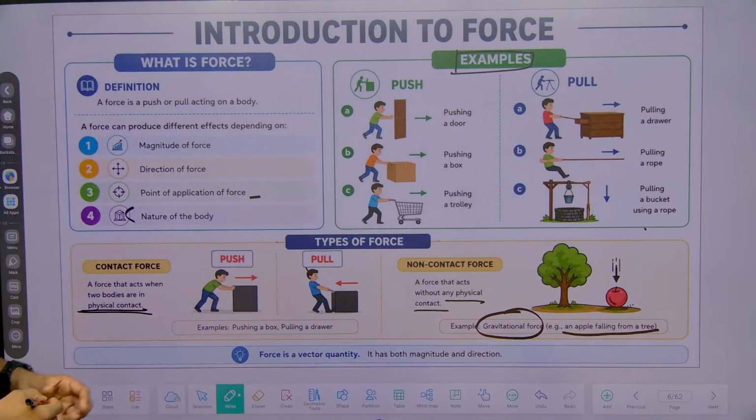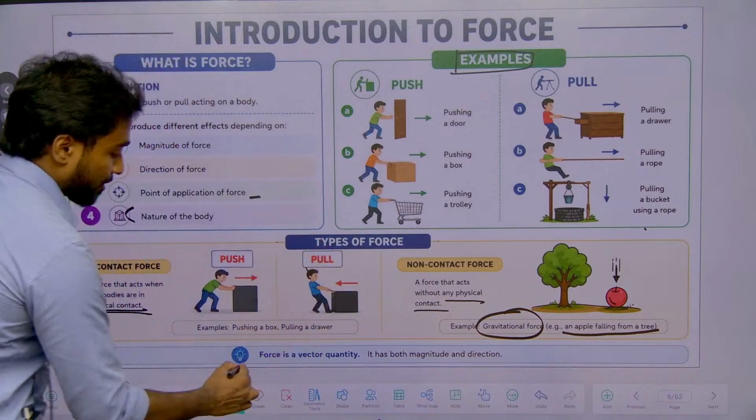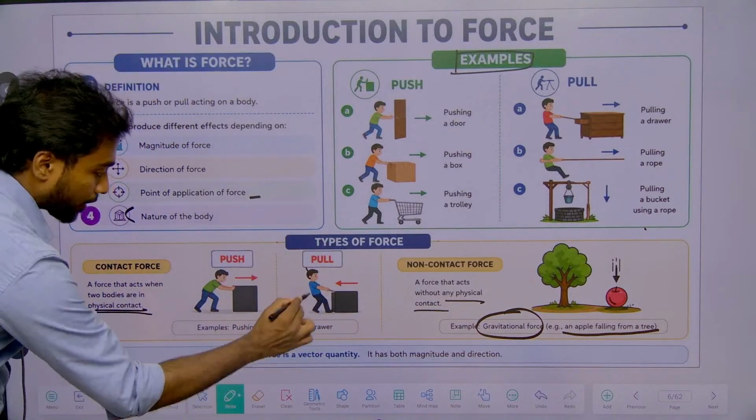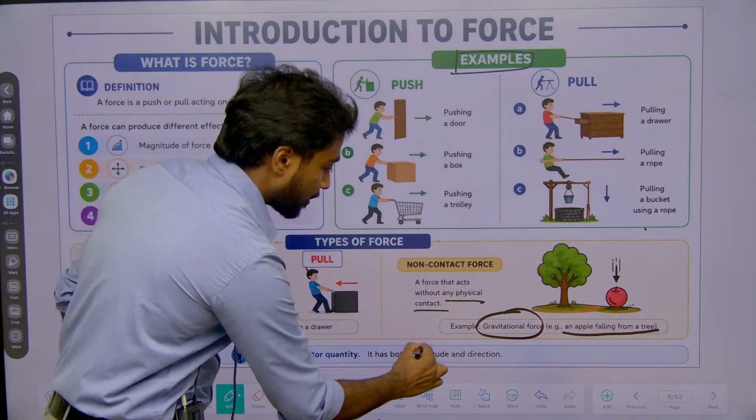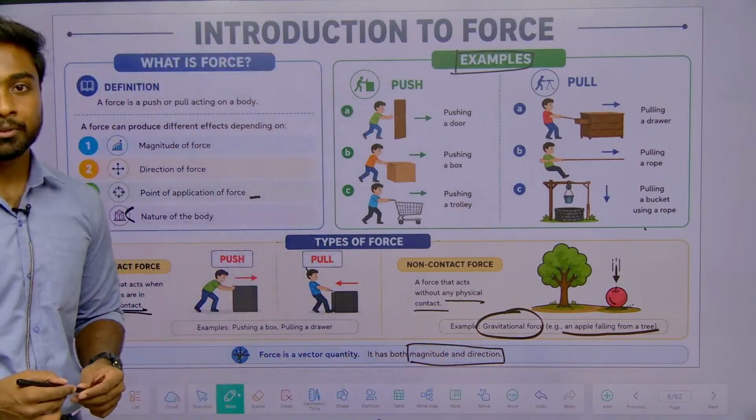okay. So force is a vector quantity as I told in the previous slide. So force is a vector quantity and it has both magnitude as well as direction, right.